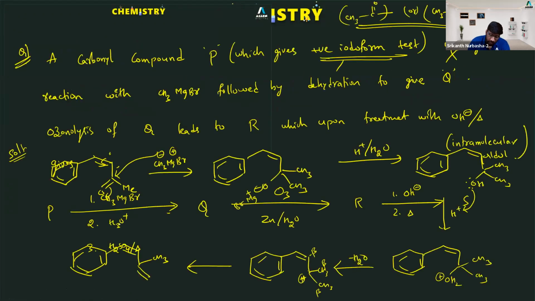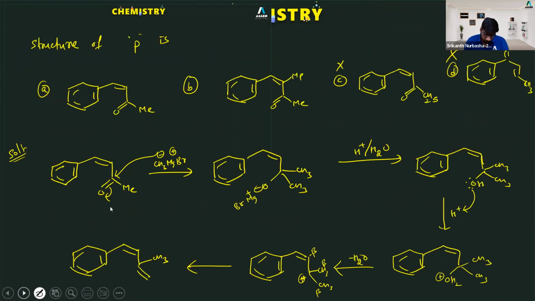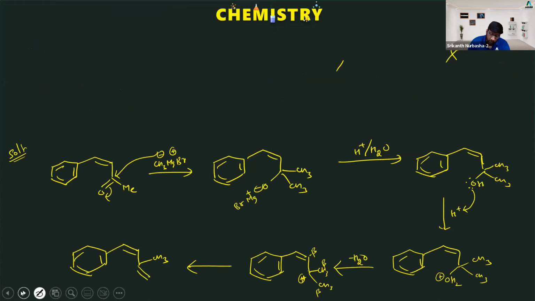P is treated with CH3 MgBr. Then you have done the respective hydrolysis. Then you have done the elimination of water, the dehydration, to form this type of alkene. This alkene, whatever is obtained, can then undergo ozonolysis. You have to do the ozonolysis of this, right?